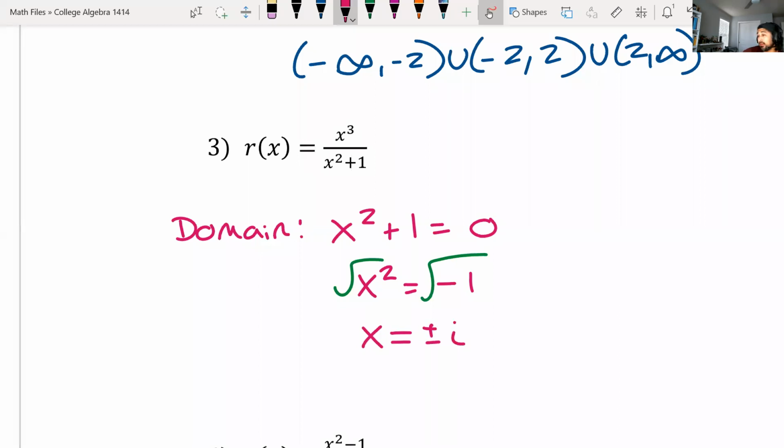We can't say x cannot equal plus or minus i, because what this is saying is that imaginary numbers are the only numbers that will make this denominator 0.